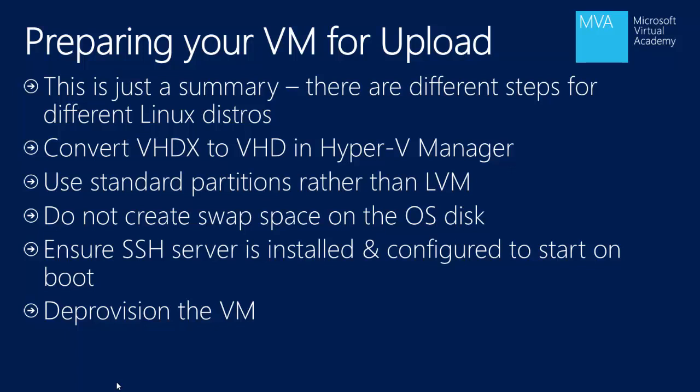Do not create a swap space on the OS disk. Of course, ensure the SSH server is installed and configured to start on boot, because if the virtual machine is running on top of Azure, the option to connect remotely will be SSH, so you need to have your SSH daemon running in your Linux virtual machine. And finally, deprovision the VM. Make sure the VM is ready to be uploaded to Azure.